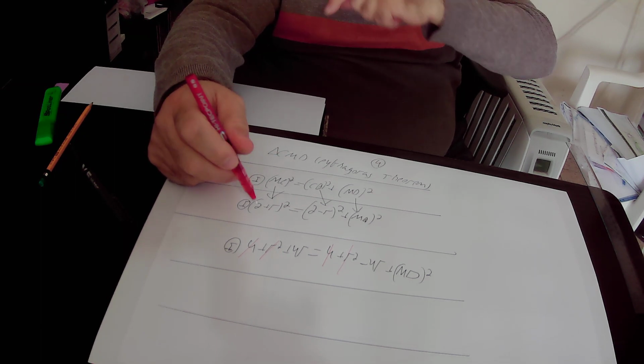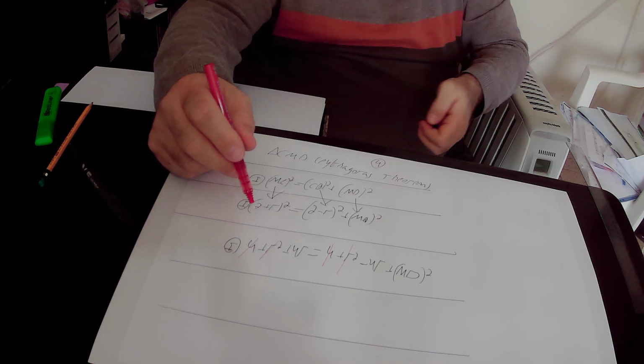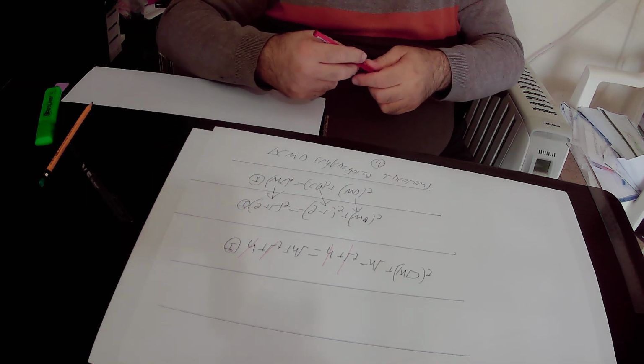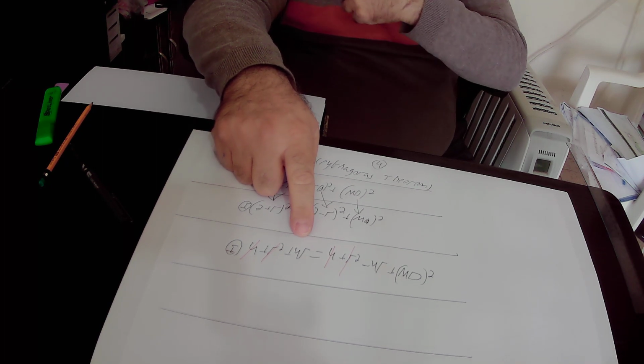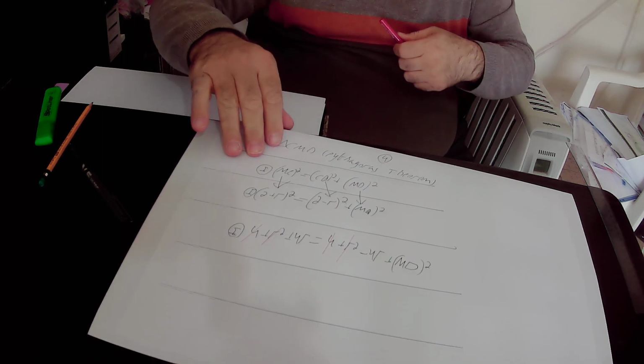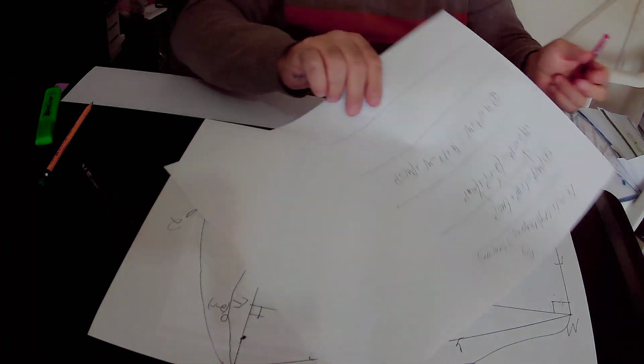So what is left after we cancel those two expressions? On this side of equation number 1 is 4R, so I write it down.